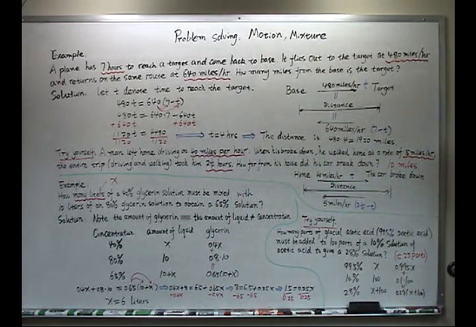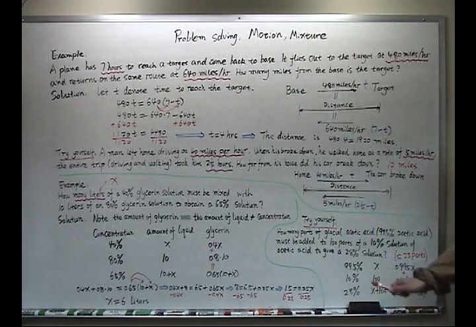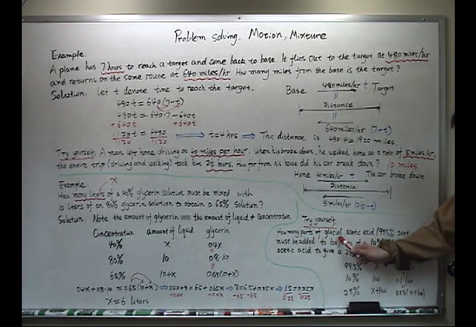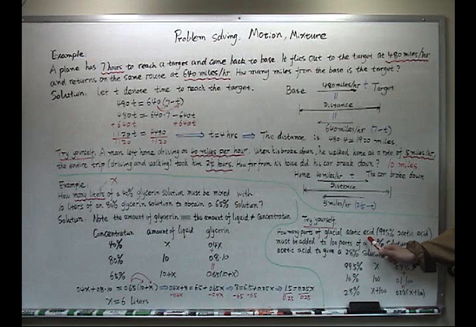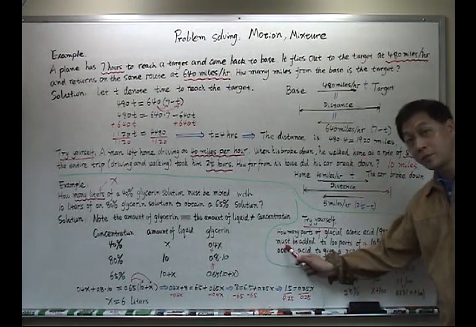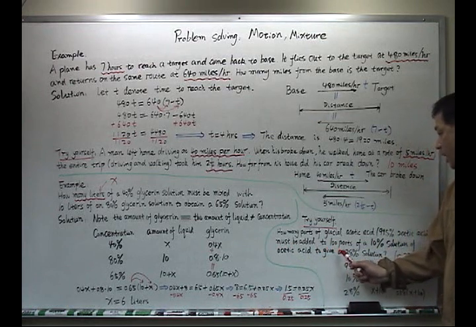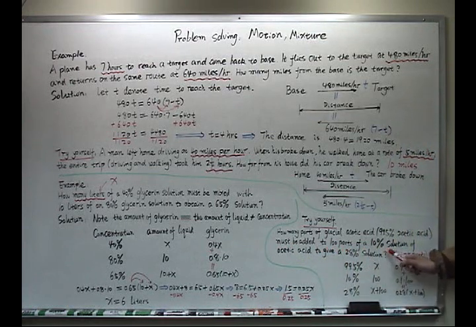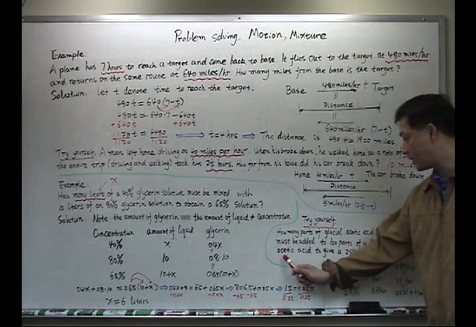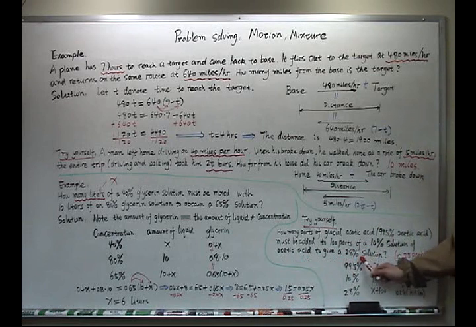Now, try yourself. How many parts of glacial acetic acid, with concentration 99.5% acetic acid, must be added to 100 parts of 10% solution of acetic acid to give a 28% solution?